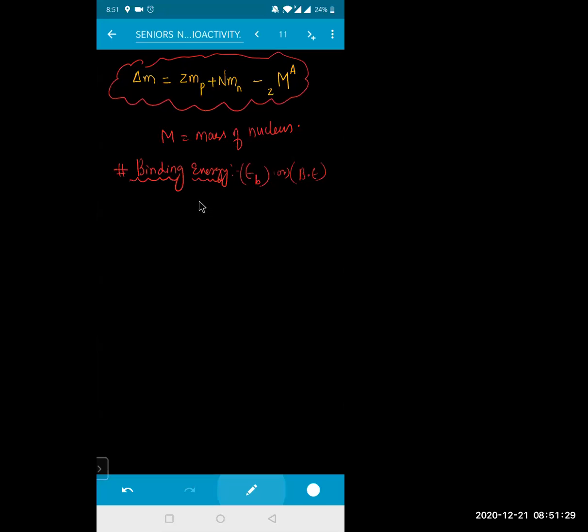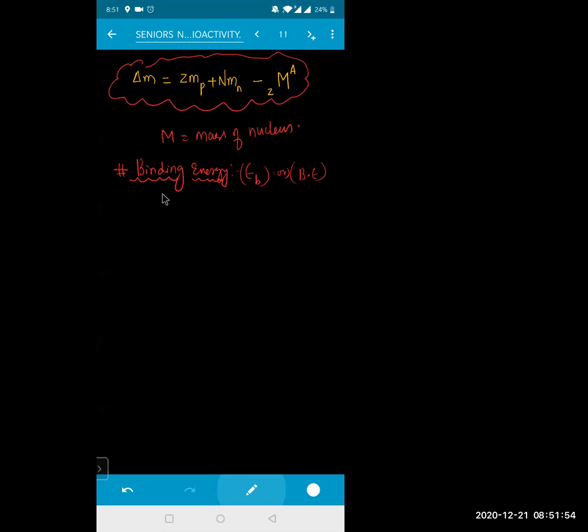That means the total rest energy of separated nucleons is greater than the rest energy of your total nucleus. So the energy delta m into c square that must be added to separate the nucleons is called the binding energy. అంటే extra energy మనం ఏదైతే ఇస్తున్నాము, ఓకేనా?